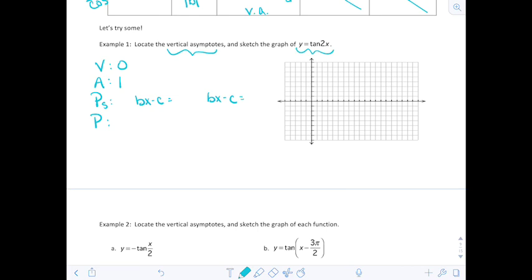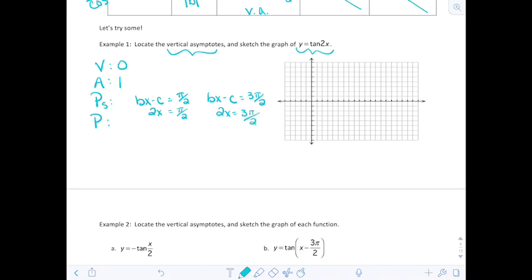So I'm going to set this equal to pi over 2 and 3 pi over 2. Well, my bx minus c is simply 2x, so I'm going to set 2x equal to pi over 2 and 2x equal to 3 pi over 2.